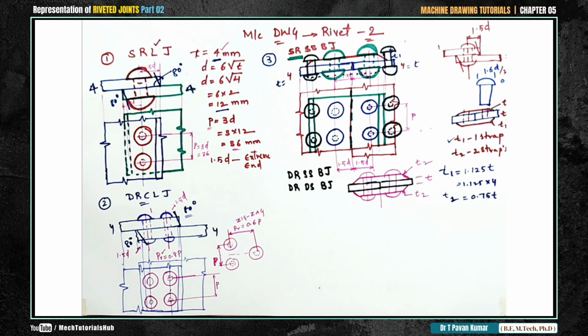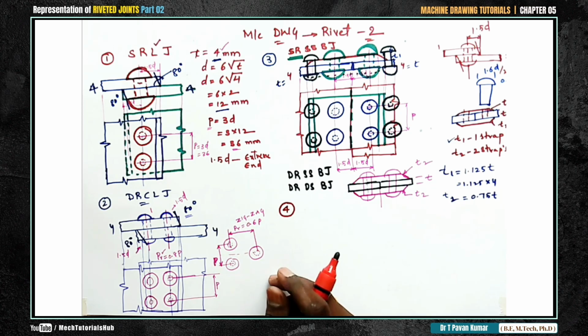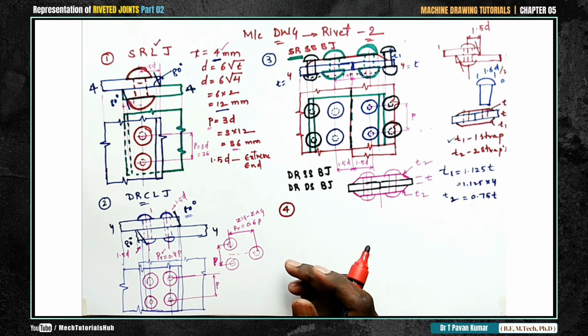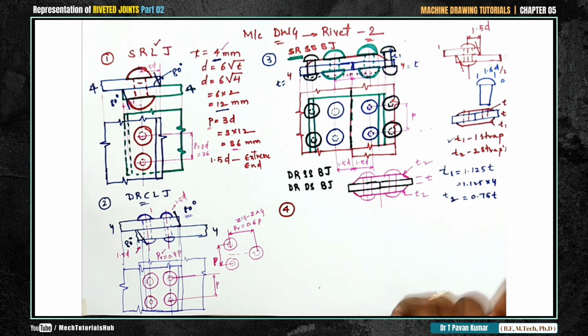Fine. Now we'll see one more problem or one more drawing, which is about zigzag. We haven't discussed much about zigzag yet, so number 4 is about zigzag joint. Okay, what we'll see is double riveted lap joint. We'll try to solve a problem now on double riveted. Okay, maybe double riveted zigzag lap joint.